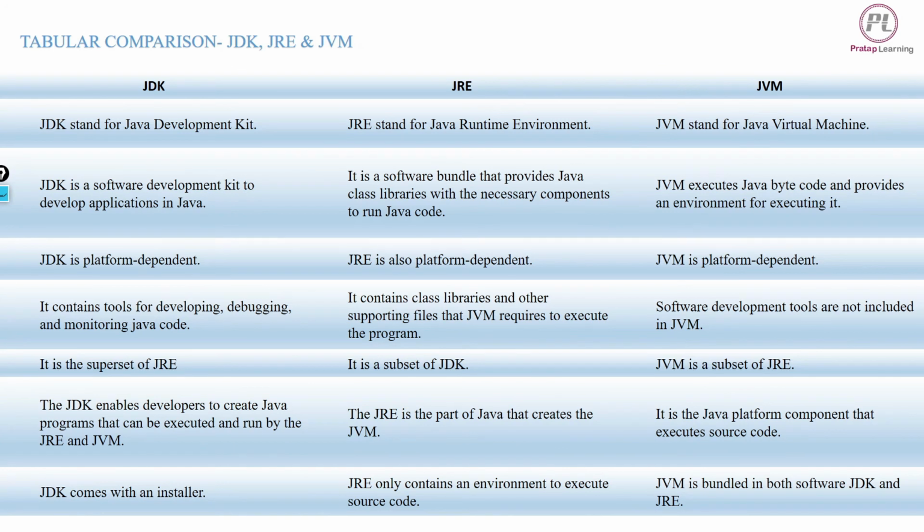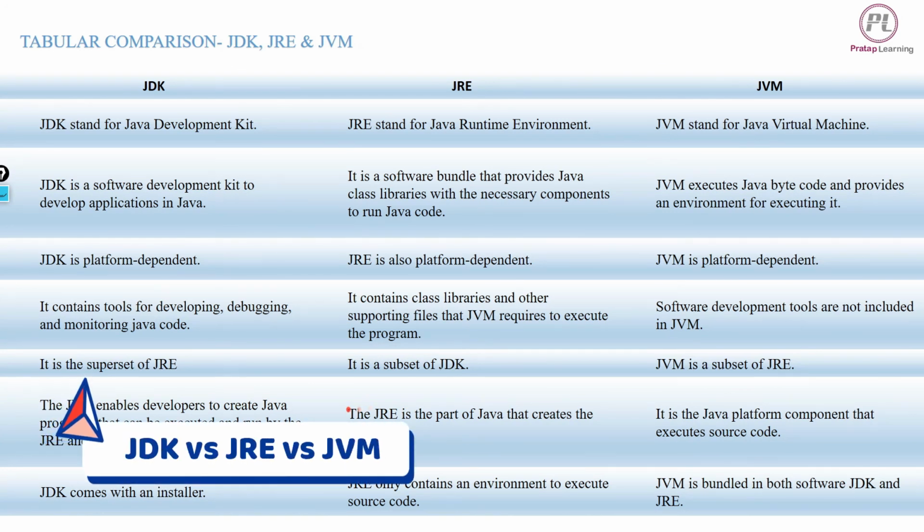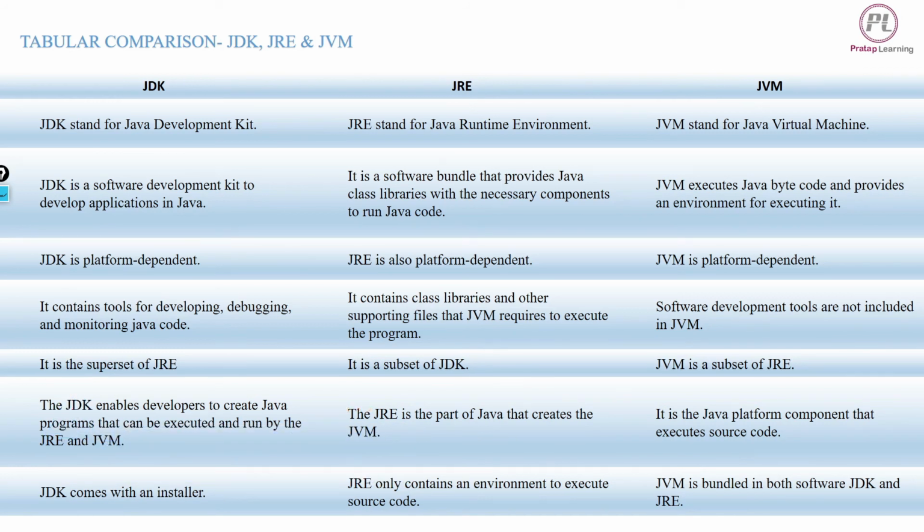So now we will look at a tabular comparison of JDK, JRE and JVM. Now we have already discussed many things from here, like the full forms of JDK, JRE and JVM. JDK is a software development kit to develop Java applications. JRE provides support of libraries to run a Java program. JVM provides the environment to execute a Java program.